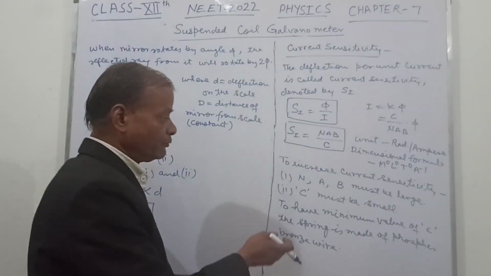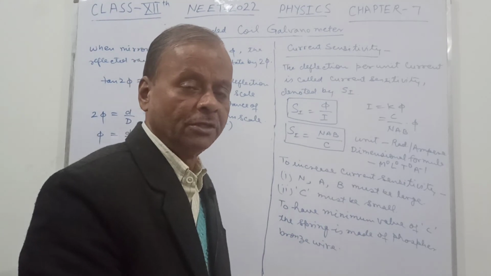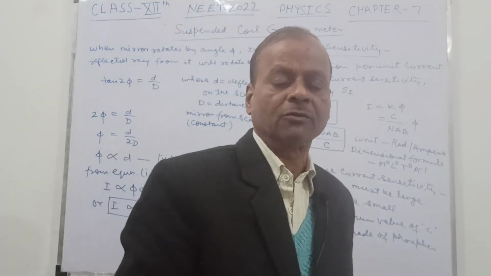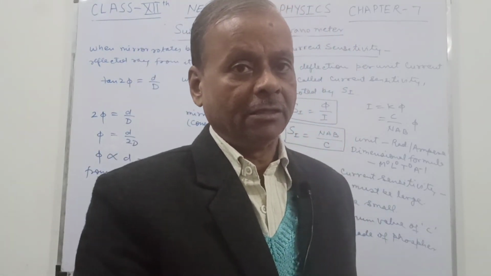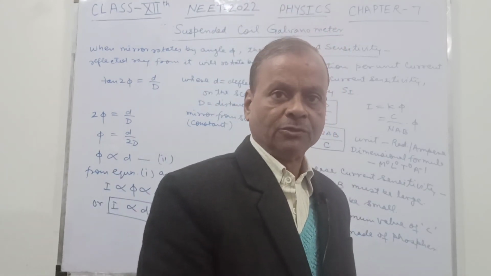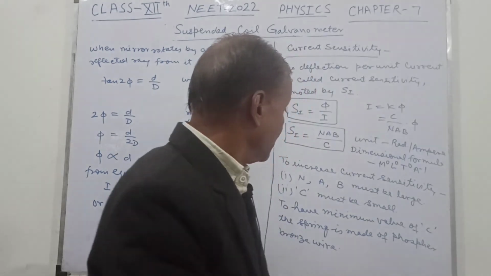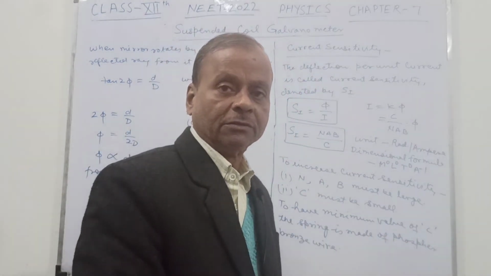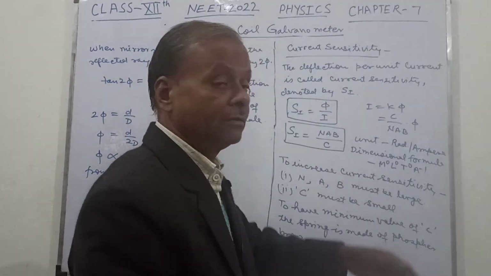This is the reason why it is made of phosphor bronze, because for phosphor bronze, the shearing coefficient is very small. So because of that, this C will be small, and then this SI will increase.